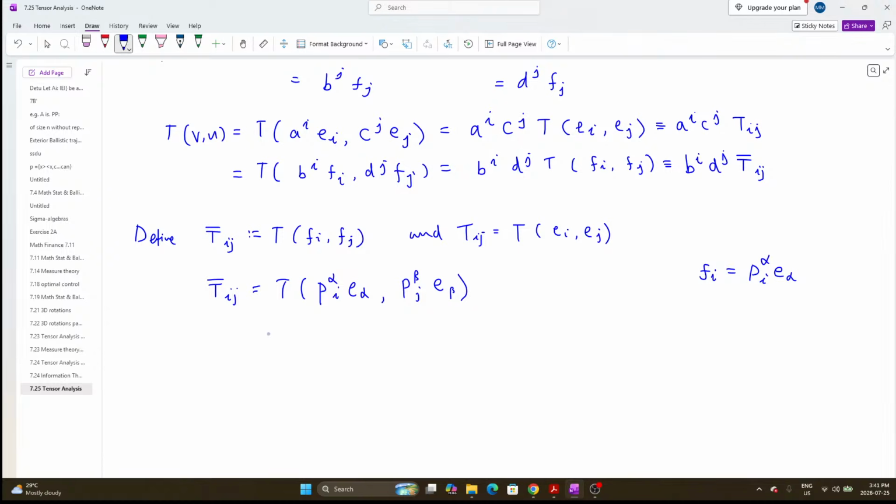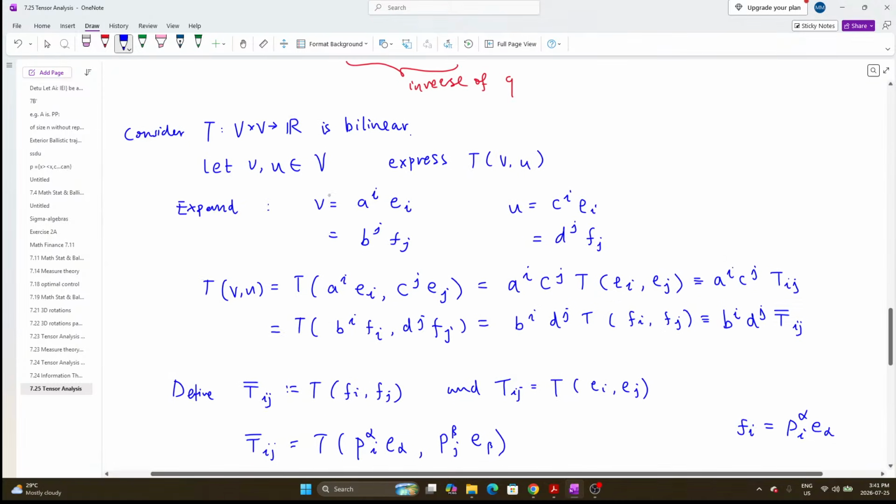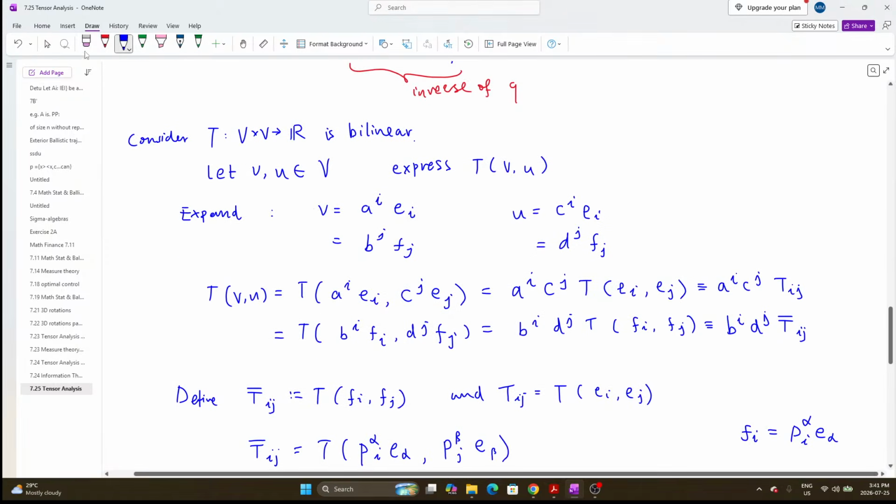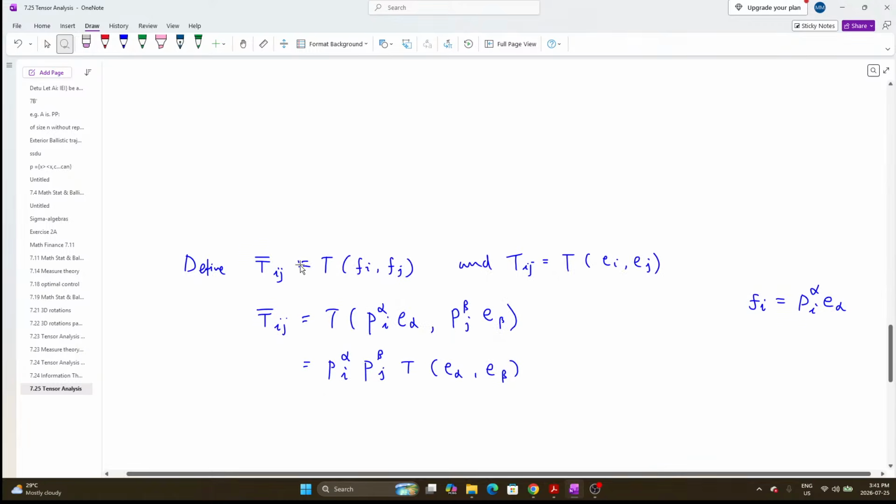All right, let's pull everything out, and you're done. So just P^α_i P^β_j, and then T(E_α, E_β). Just use bilinearity. There's no need for this nonsense. Much easier. Just this.